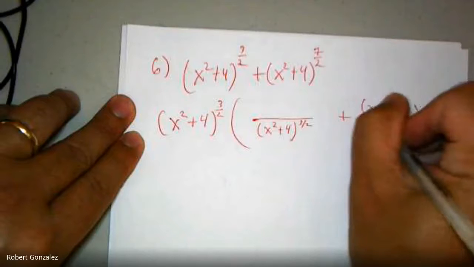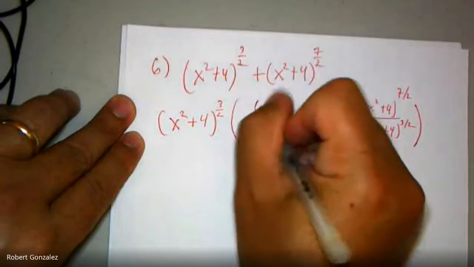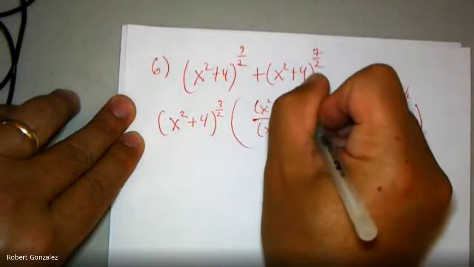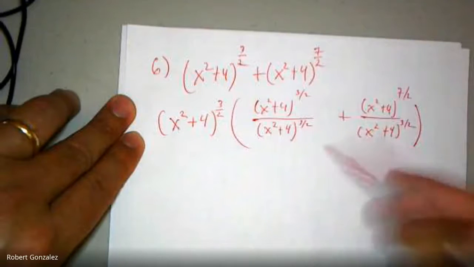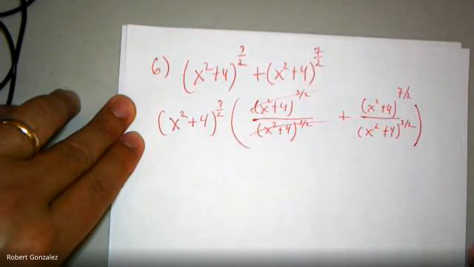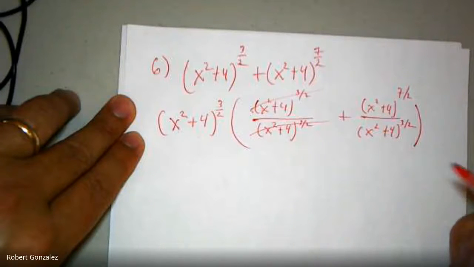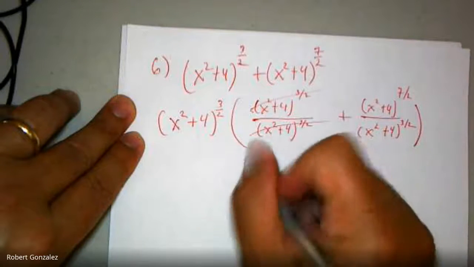So on top here, we got x squared plus 4 to the 7 halves. And here we've got x squared plus 4 to the 3 halves. One of them is going to cancel out every time, and I can see it's this one. Because they're the same. They're 3 halves. When you subtract the exponents, you get 0, which is something to the 0 is 1.